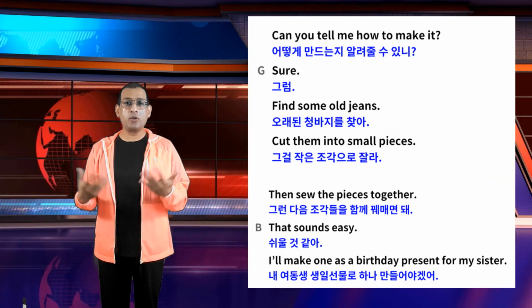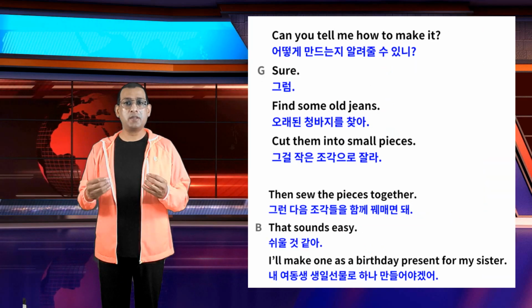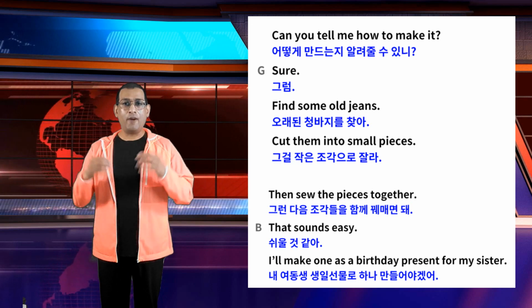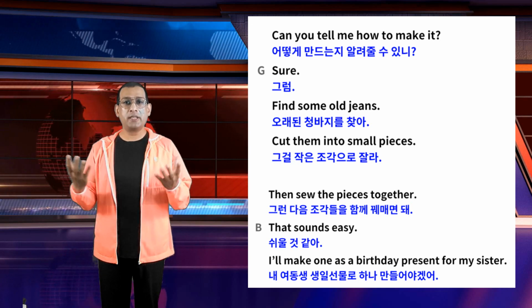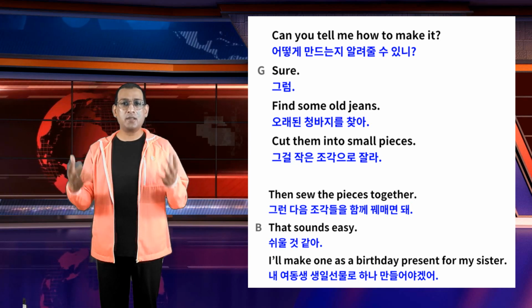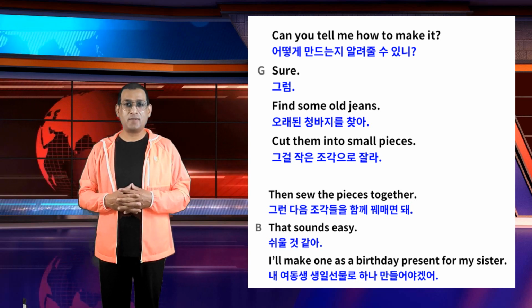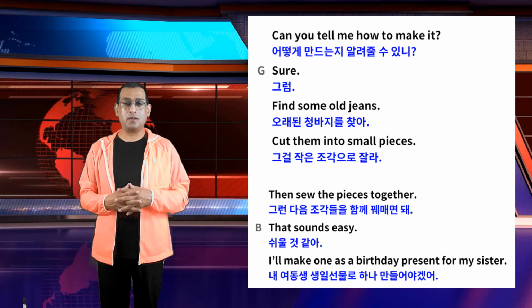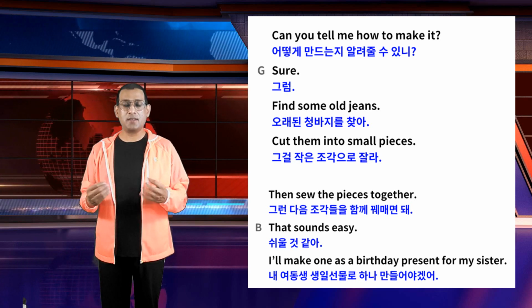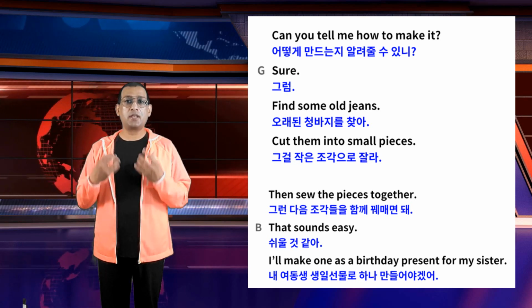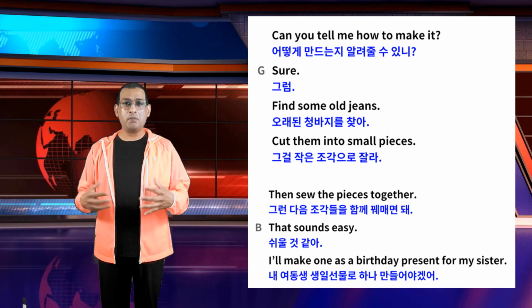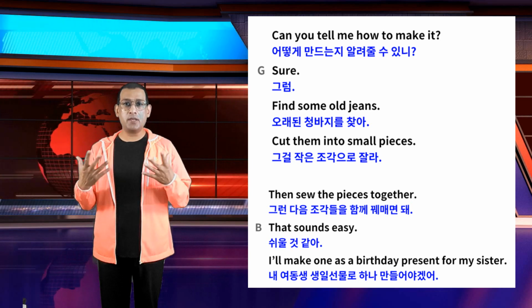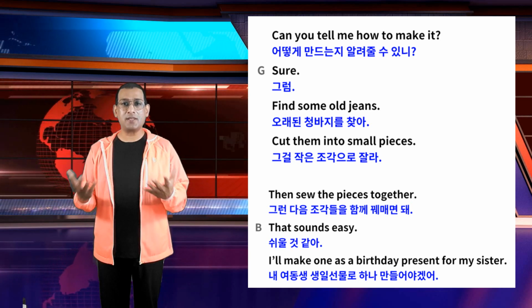Can you tell me how to make it? And the girl says, sure. Find some old jeans. Cut them into small pieces. Then sew the pieces together. And boy says, that sounds easy. I'll make one as a birthday present for my sister.